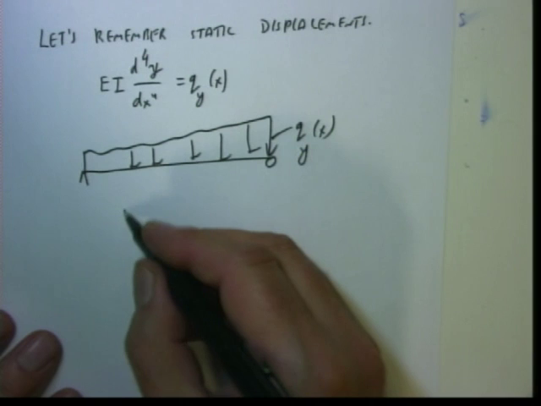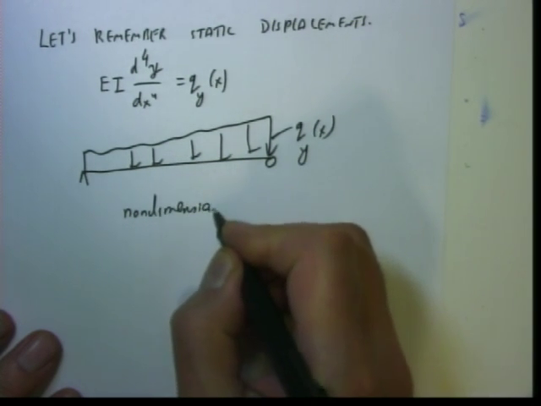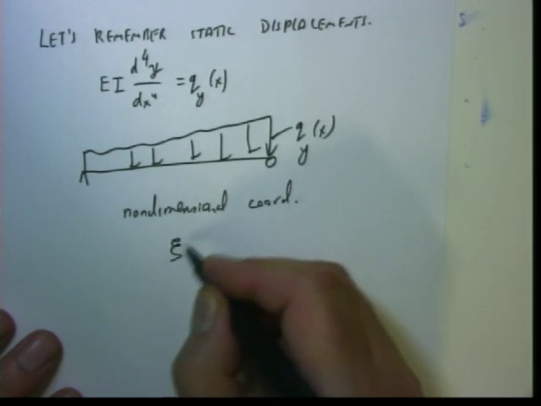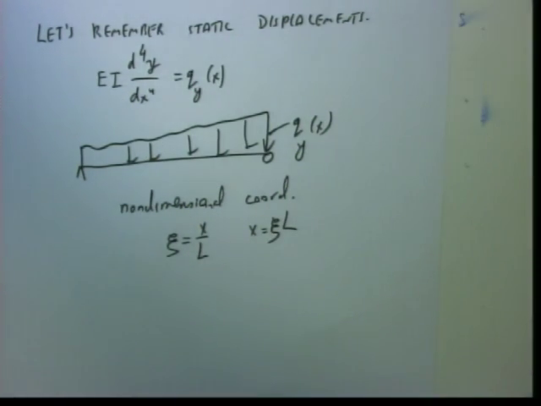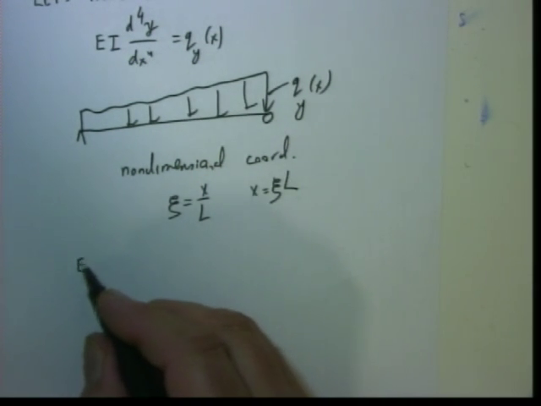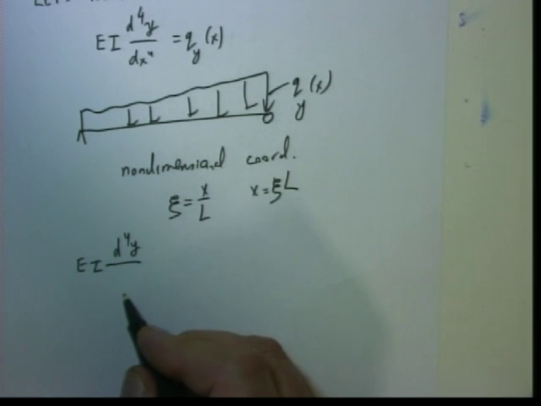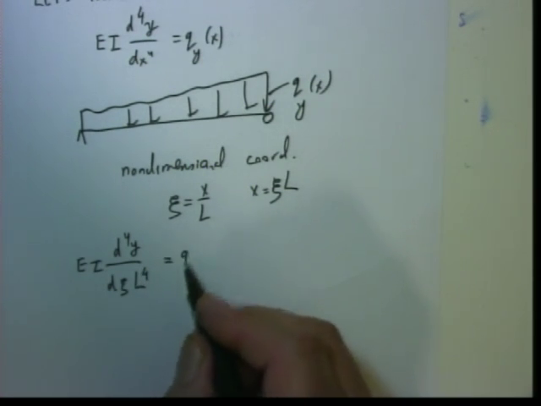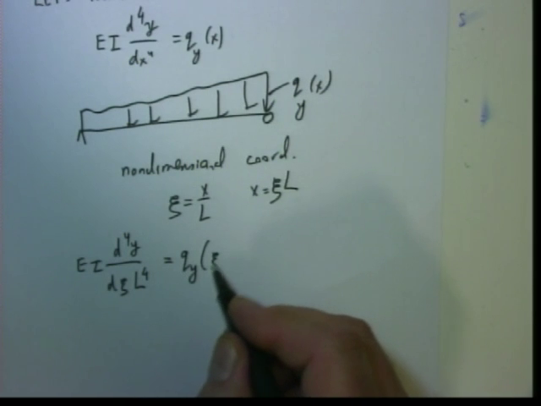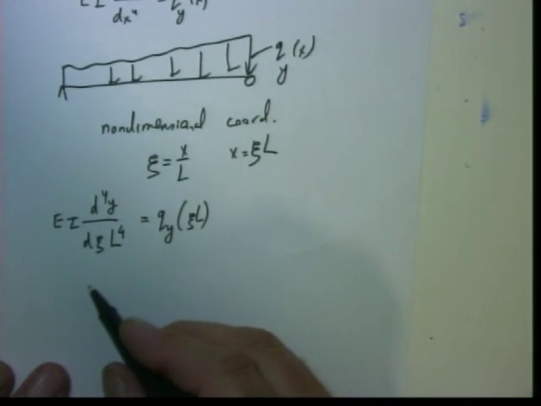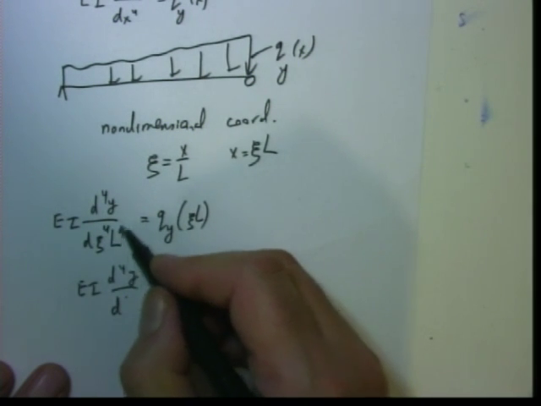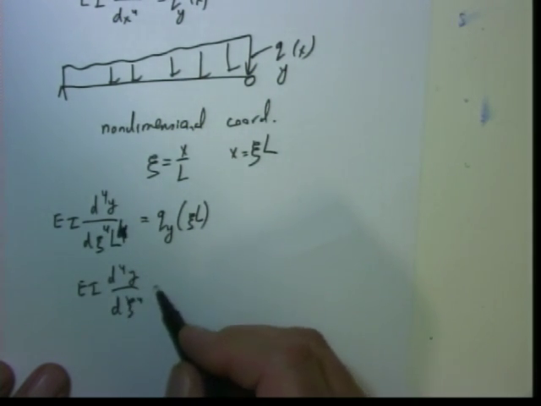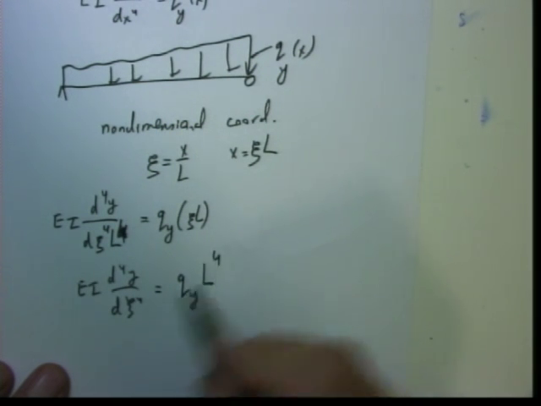Now we can actually non-dimensionalize. Non-dimensional coordinate psi equals x over L, or x equals psi times L. Then we have EI d4y over d psi to the fourth, and here will be L to the fourth power, equals qy of x equals psi L. So what I get is EI d4y over d psi to the fourth equals qy L to the fourth, something like that.